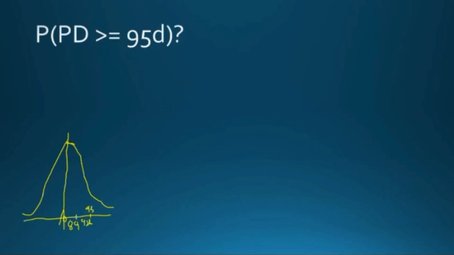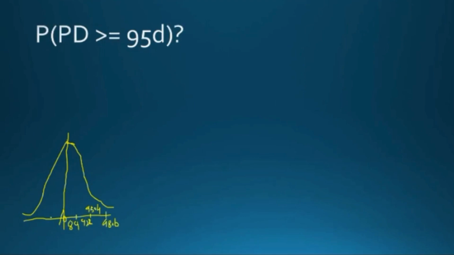This will be 95.4. Yes or no, friends? This is 92.2 and this is 95.4. So 1 sigma is 92.2, 2 sigma is 95.4, 3 sigma is 98.6. Correct? Yes, sir. Right. Similarly, this is the minus side.